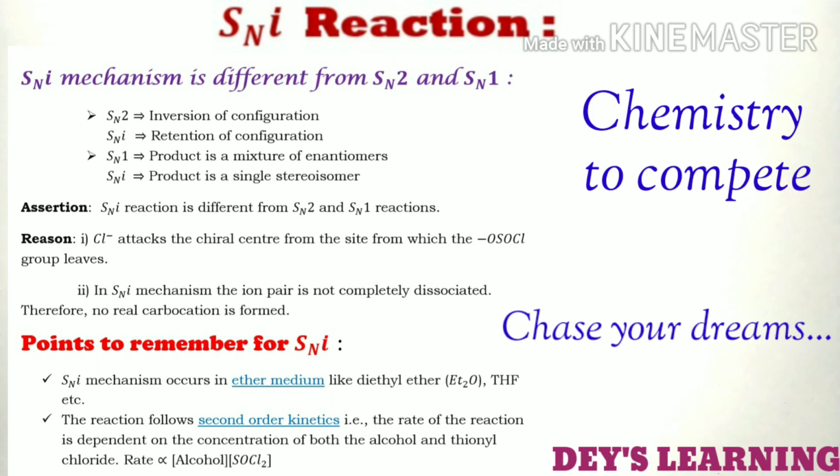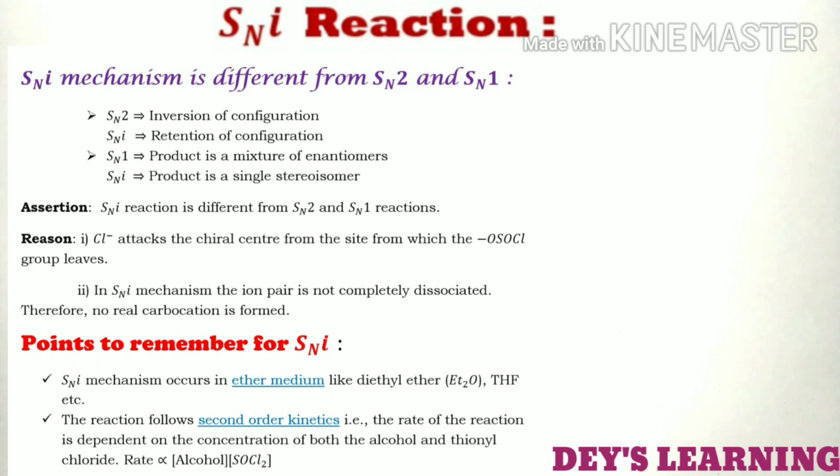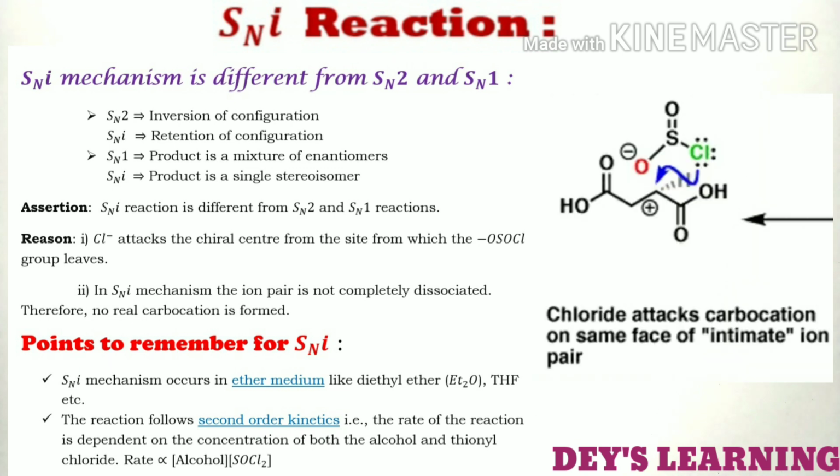Now here are the points to remember for SNi reaction: SNi mechanism occurs in ether medium like diethyl ether or tetrahydrofuran, etc. The reaction follows second order kinetics. That is, the rate of the reaction depends on the concentration of both the alcohol and thionyl chloride.